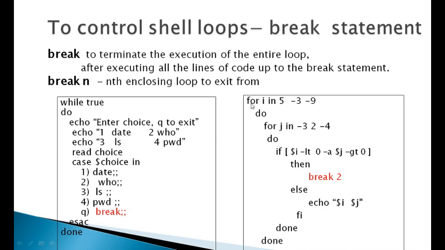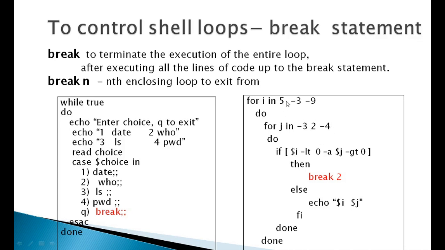Here you can see that I have two for loops. Then if the condition is satisfied, I give a break 2. So here i takes the values 5, minus 3, minus 9. For each and every value of i, j takes the values minus 3, 2, minus 4. Suppose I have a print statement here to print i and j, then 5 minus 3, 5 2, 5 minus 4.